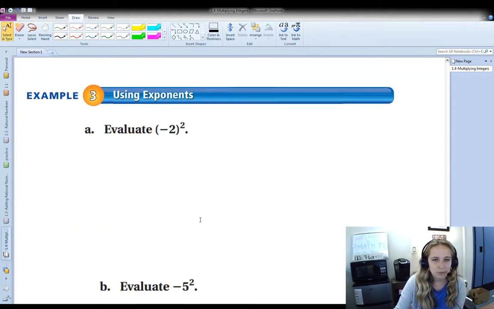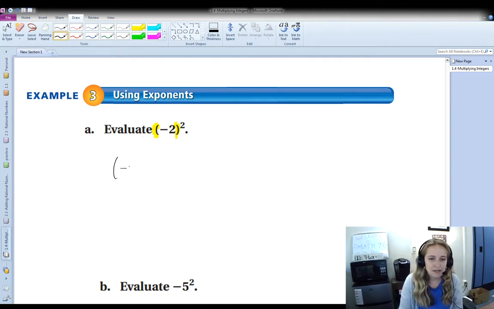Okay, let's scroll down to our last example. Now we're going to look at exponents. Evaluate (-2) to the second power. You want to notice here the parentheses. These are important when we're working with negative exponents. The parentheses mean the whole thing. So negative 2, the whole thing in that parentheses, is being multiplied by itself.